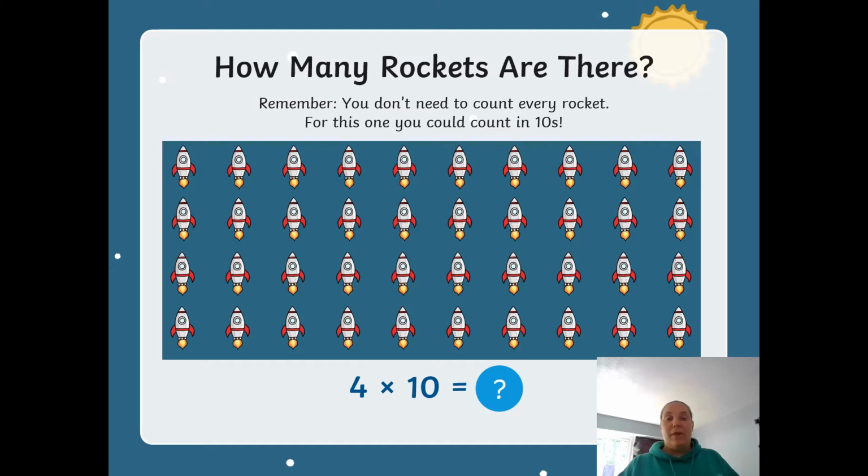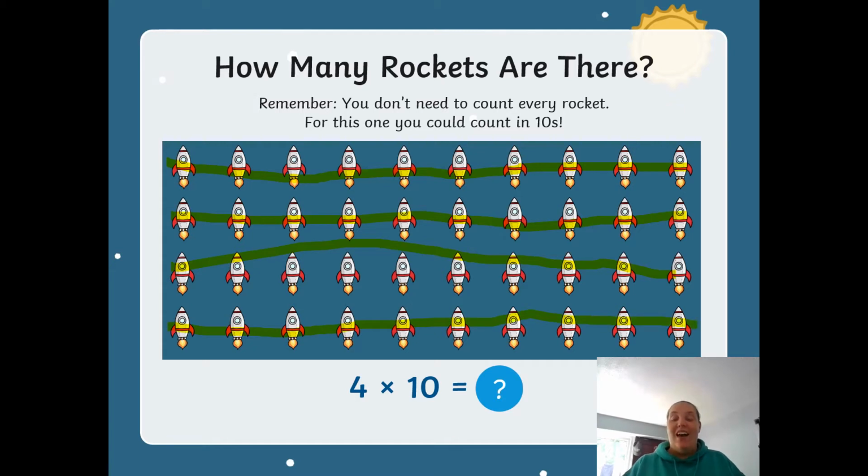It tells us at the top here, we don't need to count every rocket because they are in groups of 10. So we have one group of 10 here, one group of 10 here, one group of 10 there with a little bit of a wiggle, and one group of 10 here. So I can tell I've got 1, 2, 3, 4 groups of 10.